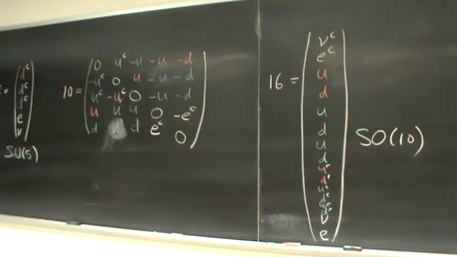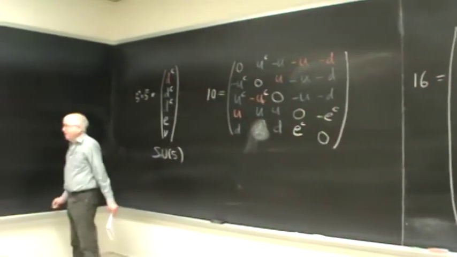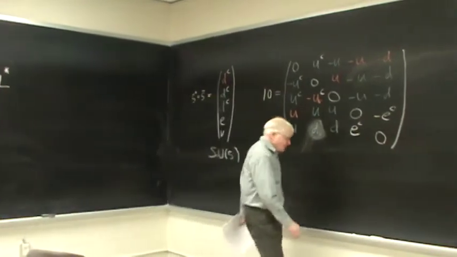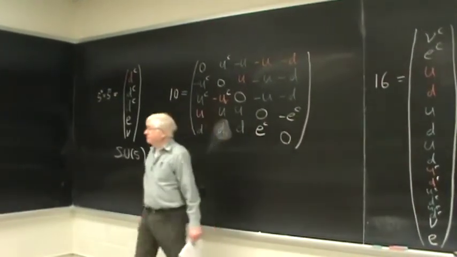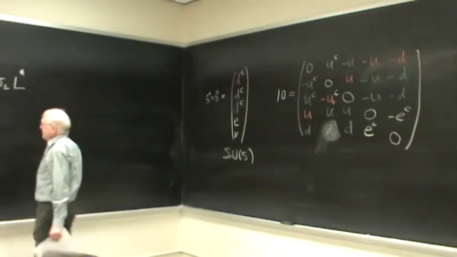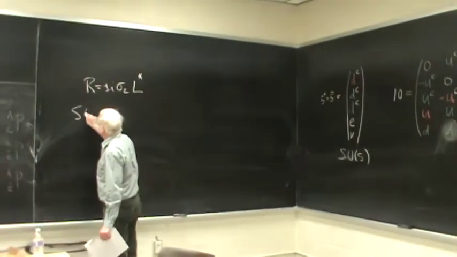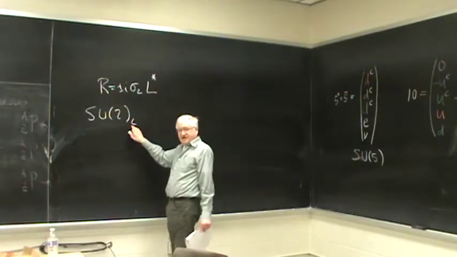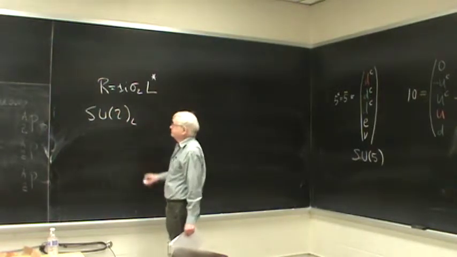All right, let me back up a bit and just show you something of what's going on here. You see, you have the SU2 left, which acts on left-handed fields.